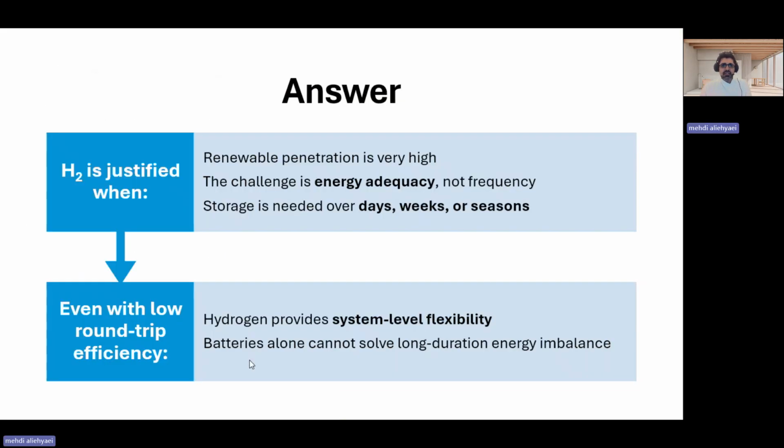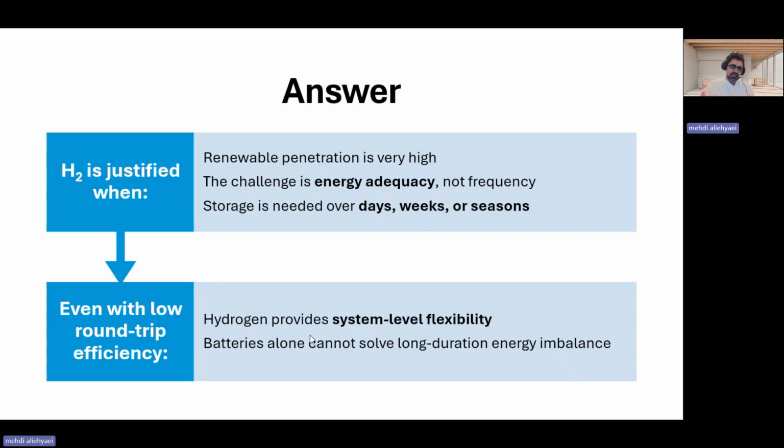About the answer as shown on this slide, H2 becomes important in power systems when the share of renewable energy is very high, and the main challenge is meeting energy needs over days, weeks, or seasons. Also, H2 has a relatively low round-trip efficiency. It offers a level of long-term flexibility that batteries alone cannot provide for balancing energy over long periods.